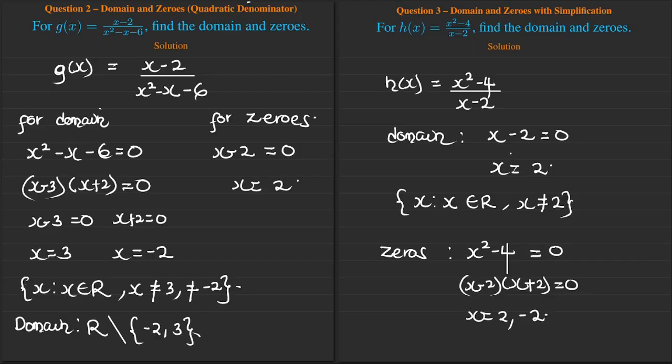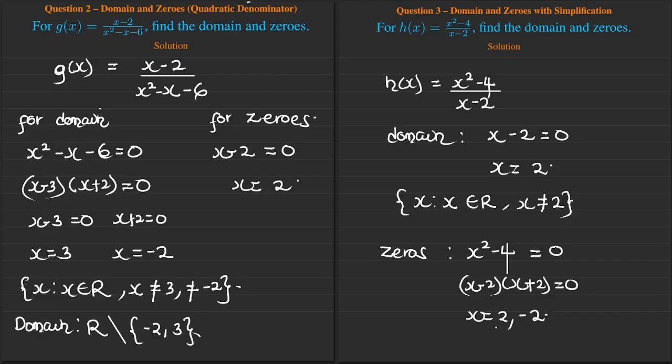But if we look at it carefully, looking at our domain, x equals 2 shouldn't be part of the domain. Hence, this leaves a hole there, because it is not part of the domain. If we put it in, we are going to get undefined.